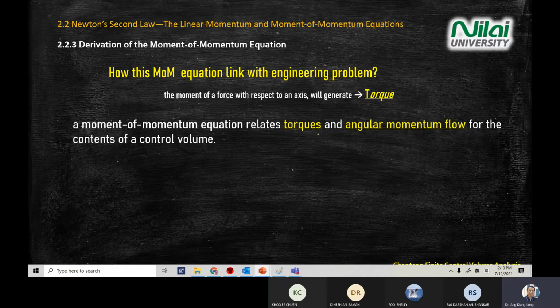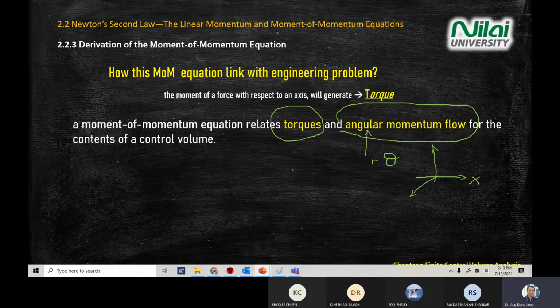Today we're going to learn a new term, torque and angular momentum flow. Angular means you're going to see R and theta, where you're going to look at the angular axis.